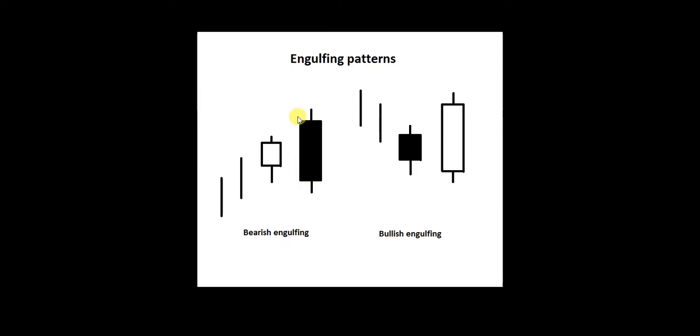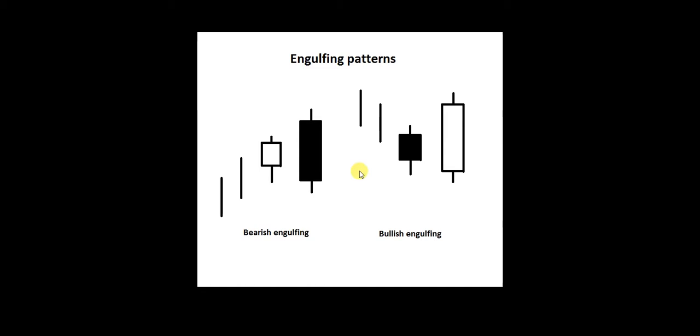Okay, guys, big body, but not so big that we cannot see any shadows. I will show you the other type of engulfing, that is Marubozu, that doesn't have any shadows, but it's like a type of engulfing.